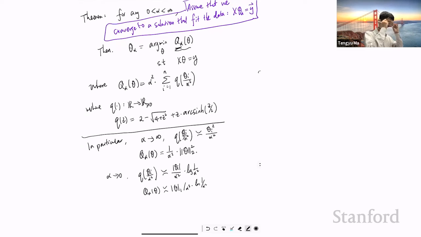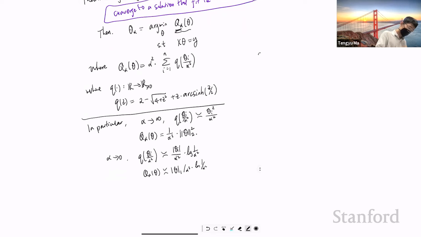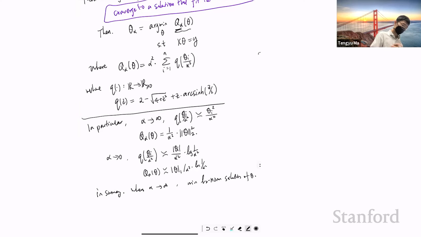Cool. So basically, in summary, when alpha goes to infinity, then this is the minimum L2 norm solution in theta space, and an L4 norm for the W, right?